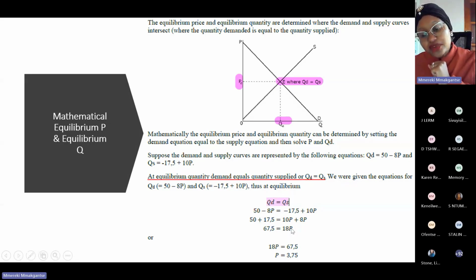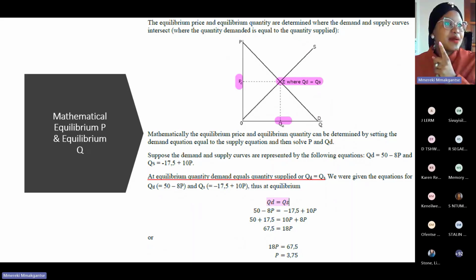Remember, we are trying to calculate the price. If we want the price, we have to divide both sides by 18. 18P divided by 18, and 67.5 divided by 18 gives you 3.75. Are you still calculating with me?